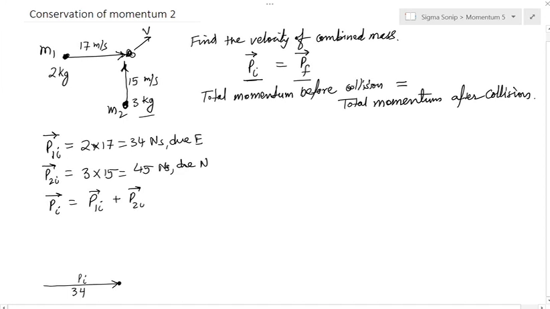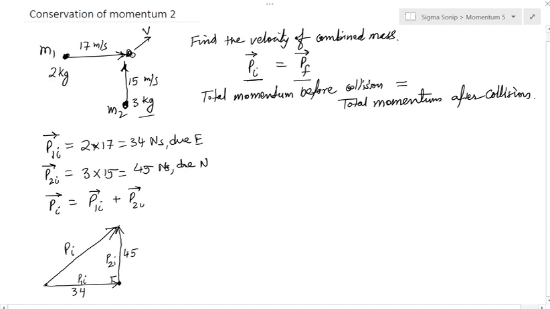From here I need to draw the other one, and that goes like this. The length is 45 here. This is p1i, and that is p2i, and the total momentum, when you add them together, is your Pi.